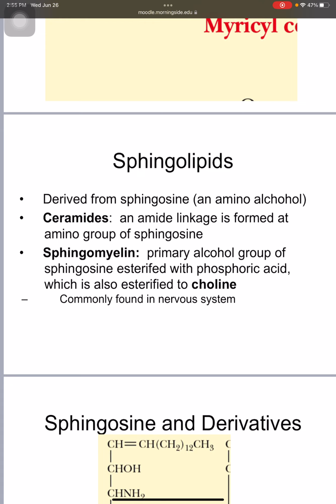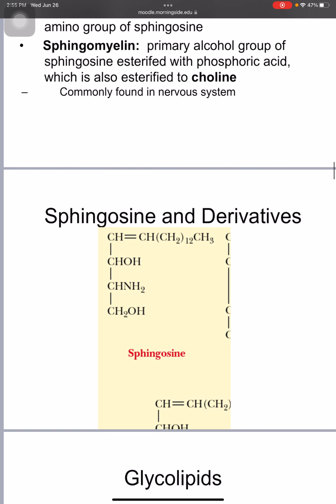And this is going to come from a fatty acid, right? If you look at this photo, take a look at that CHNH2, it's going to react with a fatty acid, and fatty acid plus amine is going to make an amide, a secondary amide. Kind of like a peptide bond, actually, right?